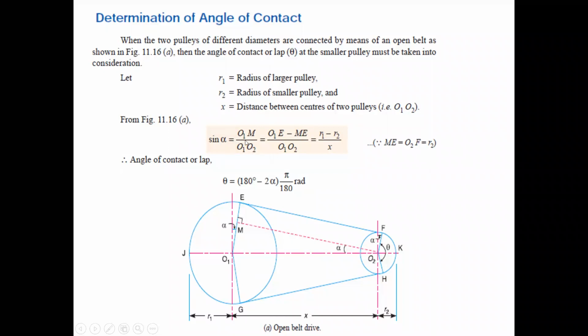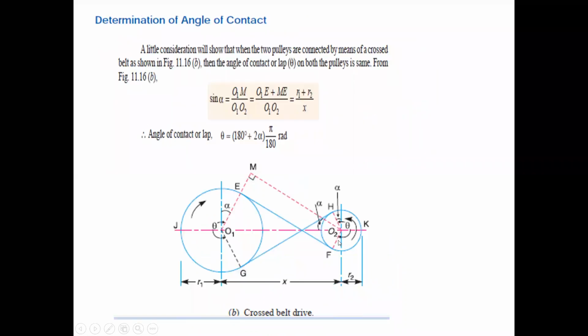We have seen this in the earlier derivation: sine alpha equals O1M by O1O2, that means (R1 minus R2) by X. Now to find the angle of contact or lap, theta equals (180 minus 2 alpha) into pi by 180 radians.